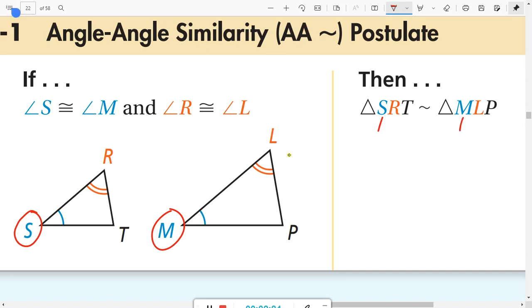All right, and then you have angle R congruent to angle L. They put R second and L second. All right, so when you make the statement, you want to match the letters on both sides of the statement. Okay, and this squiggly line right here means similar to.